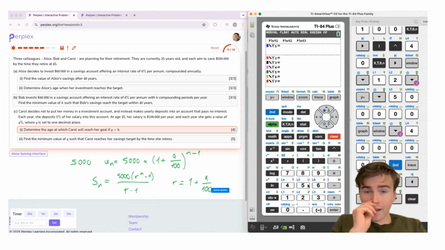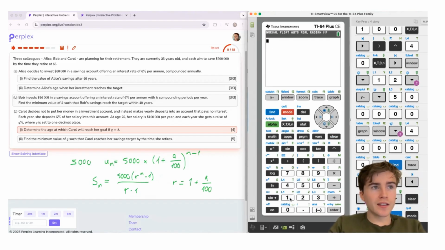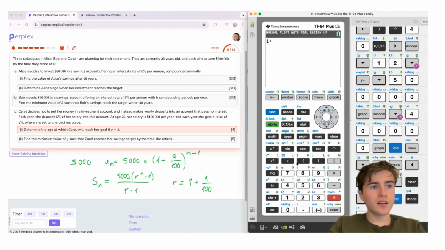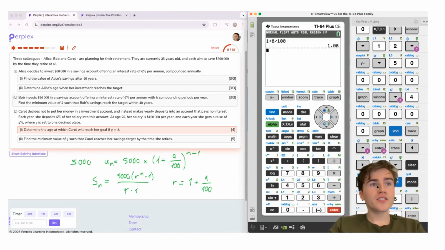Now, on the calculator, to make this easy, I'm going to start by calculating what r is if q is equal to 8, and then plug that into the formula, because otherwise I'm going to have fractions inside fractions, and it's going to be really, really ugly. So we said that the ratio was 1 plus q over 100, so 8 over 100. So the common ratio is 1.08. So let's just write that down.